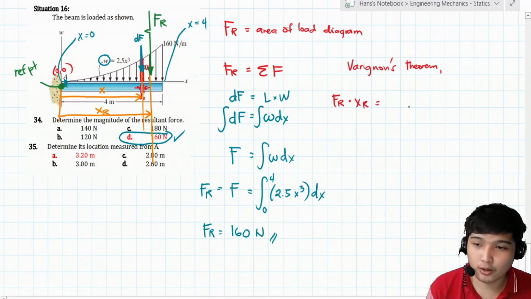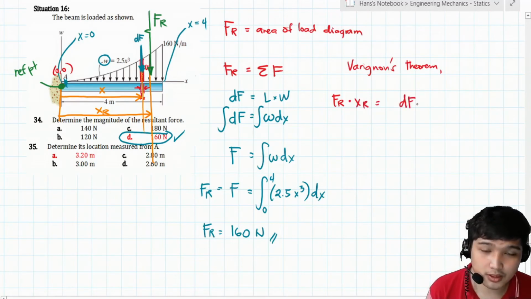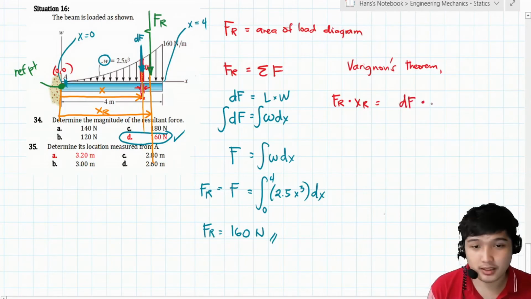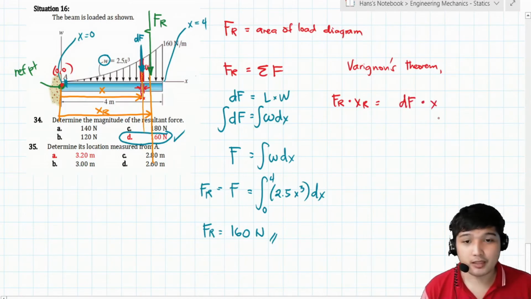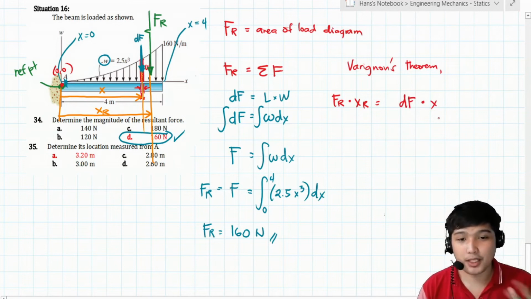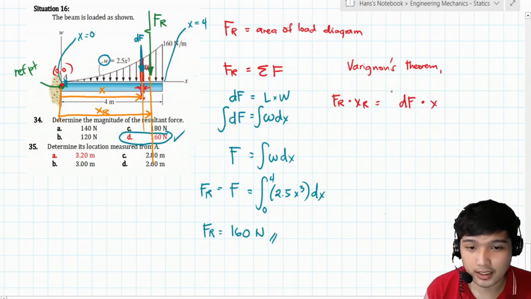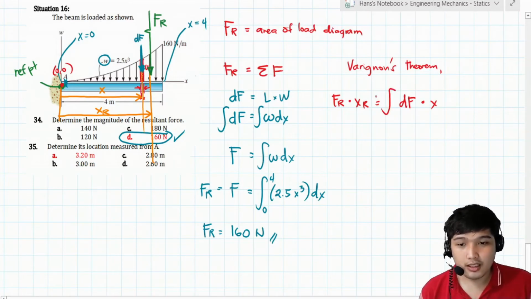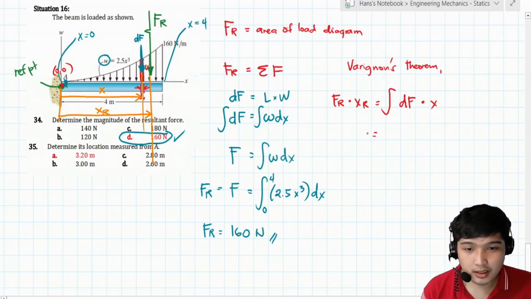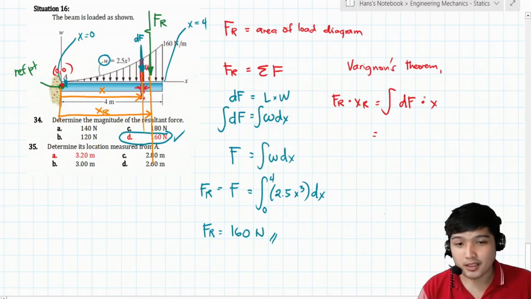Wherein dito nga, yung component is yung differential force and then yung moment arm niya is X. Tapos sabi natin, pinagsama-sama, summation. So, that is equal again as the integral. Okay? So, very basic. Wag natin sabihin very basic class.